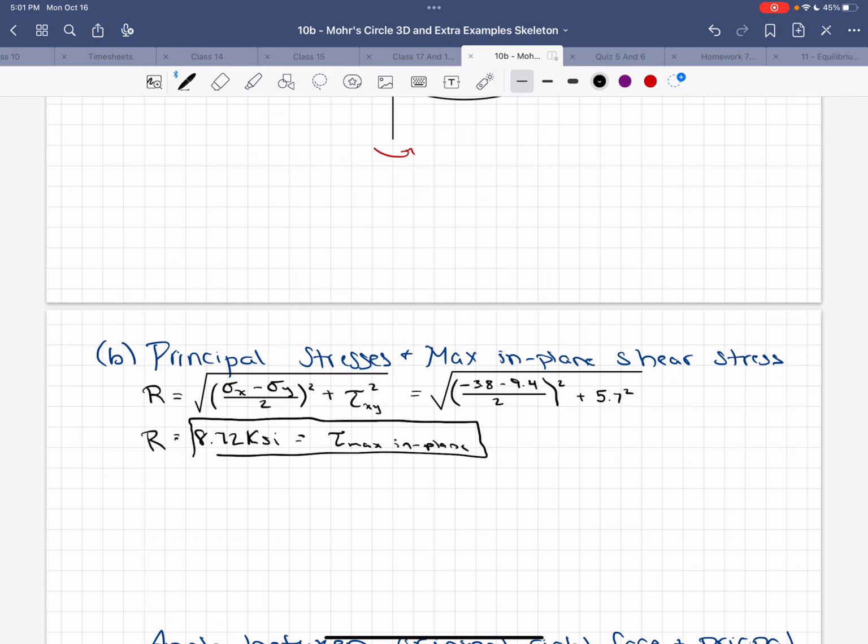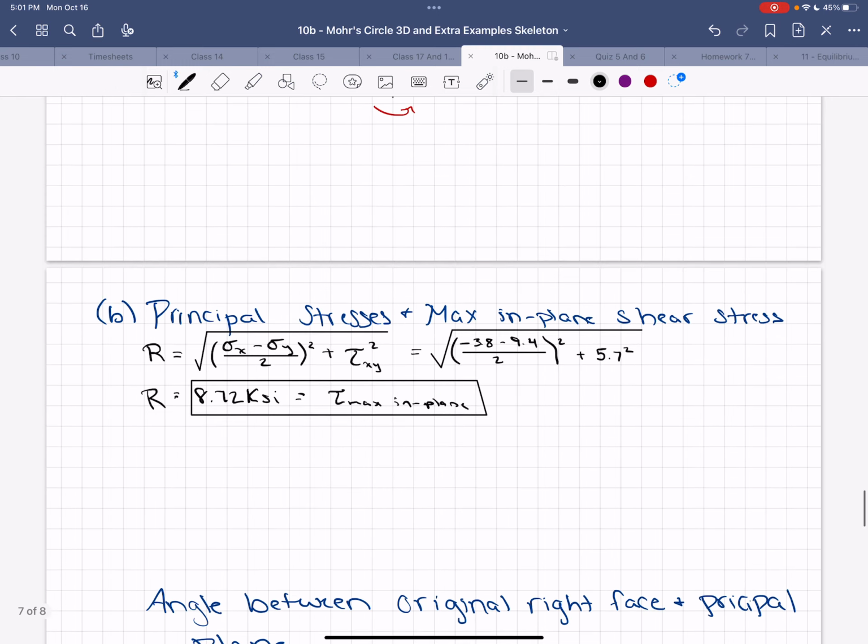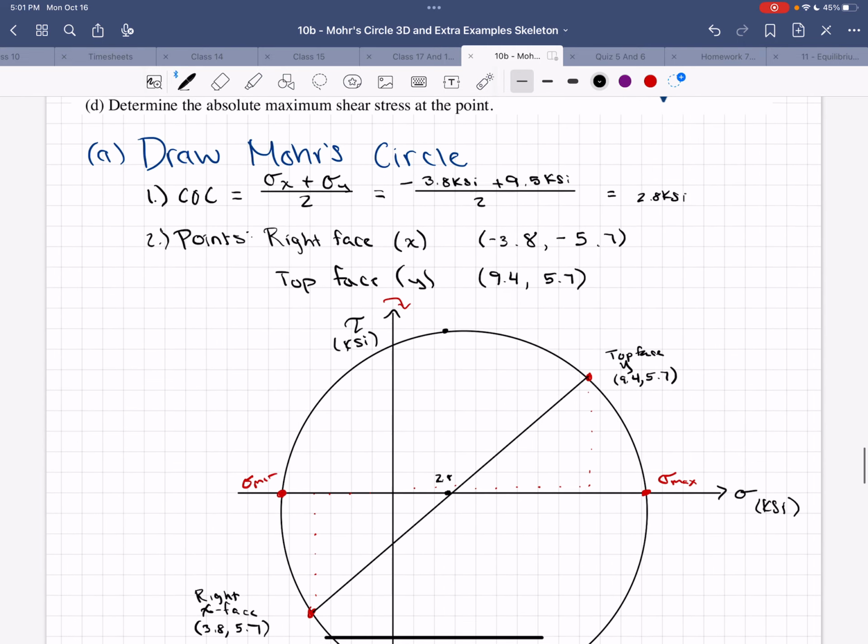But let's plot that. Let's show it. So that happens directly below and above the center of the circle. So I'm not going to calculate what the normal stress is, but right here we have 8.72 KSI.